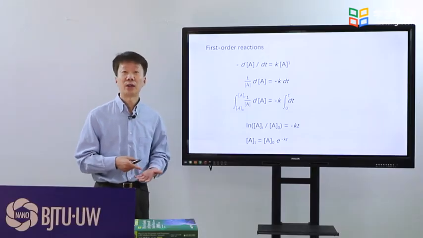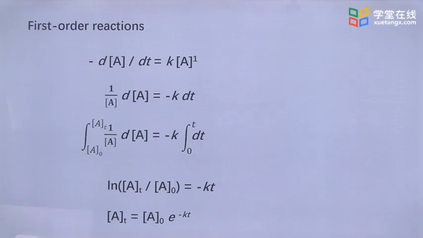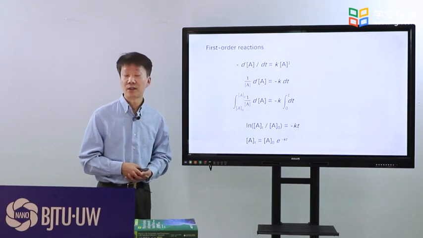Then we rearrange the equation and integrate as before. We finally have At equals A0 times exponential minus kt. Still, we can predict the concentration of A at any specific time.